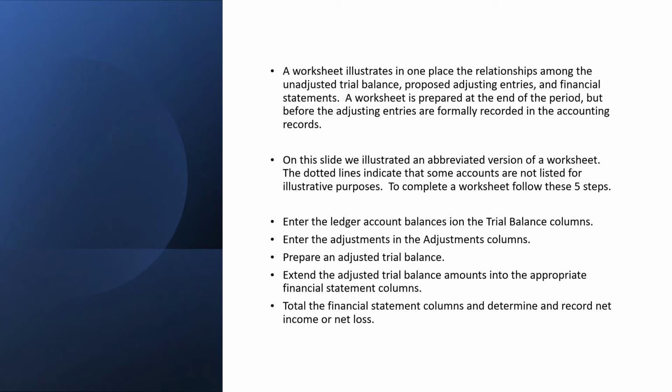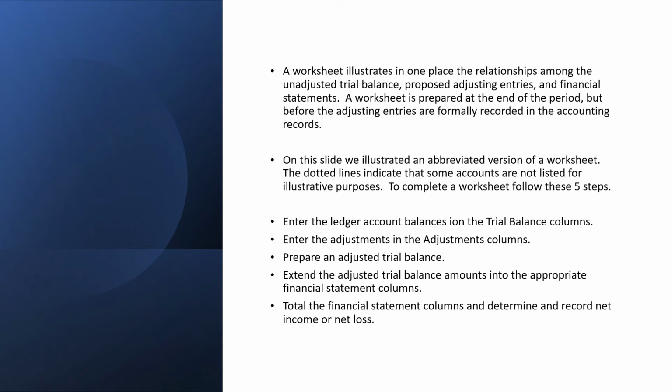On this slide, you can see an abbreviated version of a worksheet. The dotted lines indicate that some accounts are not listed for some purposes, and to complete a worksheet, follow these 5 steps. First of all, you have to enter the ledger account balances in the trial balance column.